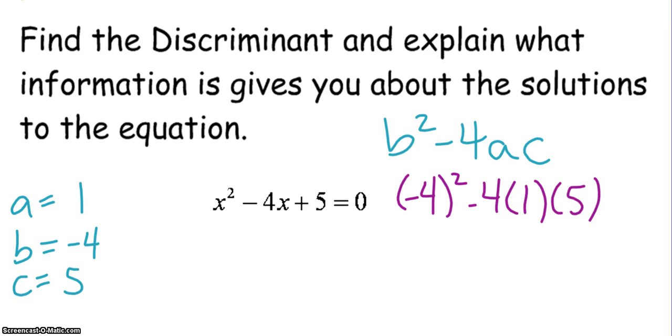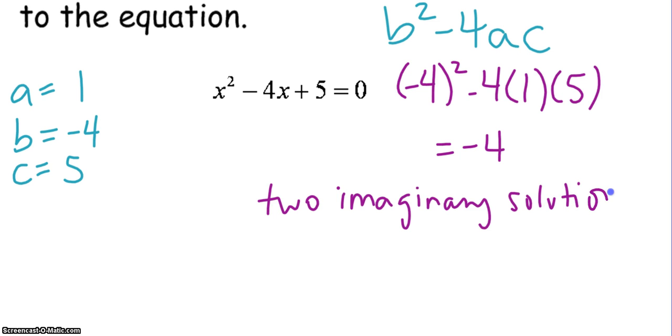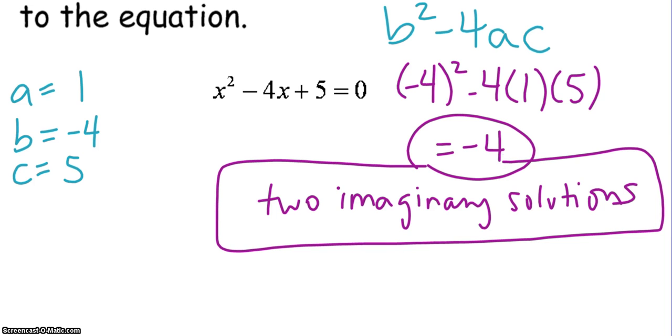So I get 16 minus 20, which results in negative 4. Because the discriminant is negative, it means that we are going to have two imaginary solutions. And that is your answer. So I want to see the negative 4, and I also want to see the two imaginary solutions.